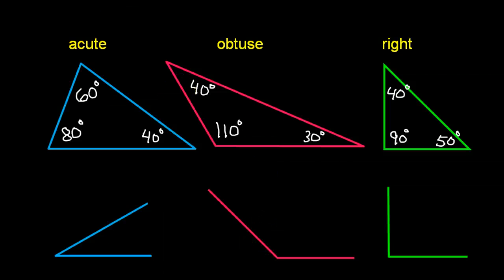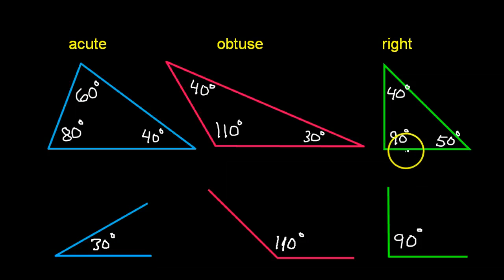Okay, so as far as the angles go, a right angle is a 90-degree angle. An obtuse angle is an angle that is bigger than 90 degrees, like let's say 110, and an acute angle is one that is less than 90 degrees. Alright, so let's say this one was 30 degrees.